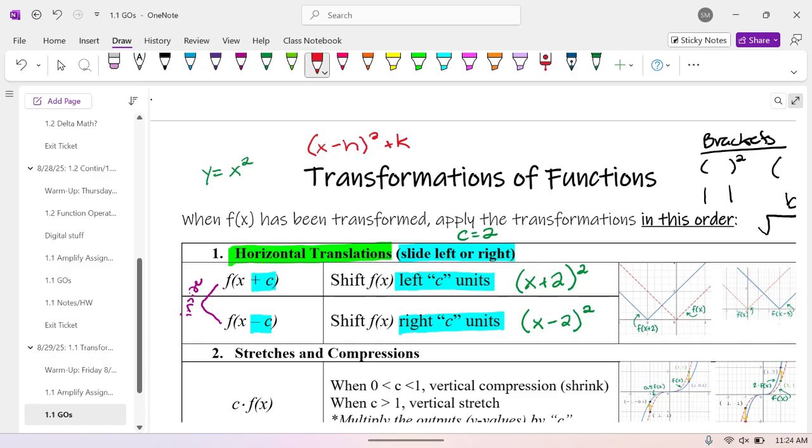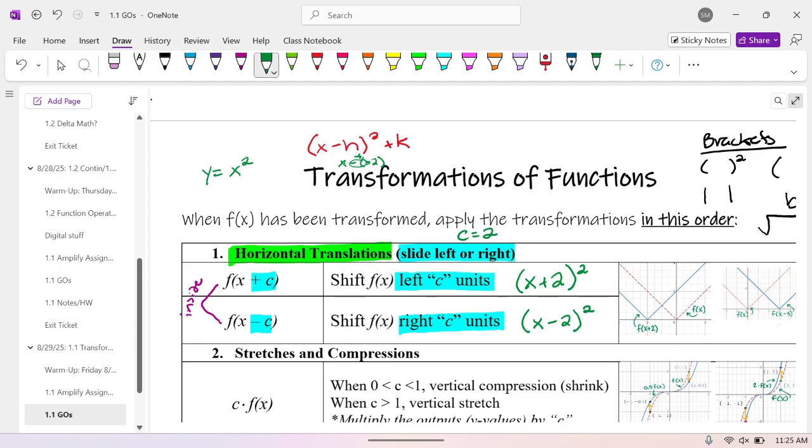Right. So if I was going right 2, I would just plug in the 2 where the h is, and then it would still be negative. But if I was going left 2 or negative 2, that means it'll look like this. And what happens there? Right, they become positive. Two negatives next to each other, that's positive. So that's where that plus and minus comes from.